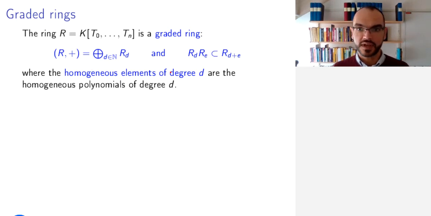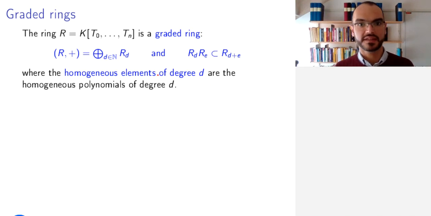And the product should behave in such a way that, these R_d are called the components of degree d, their elements are called homogeneous of degree d. So an element that is homogeneous of degree d multiplied by an element that's homogeneous of degree e should be homogeneous of degree d plus e.